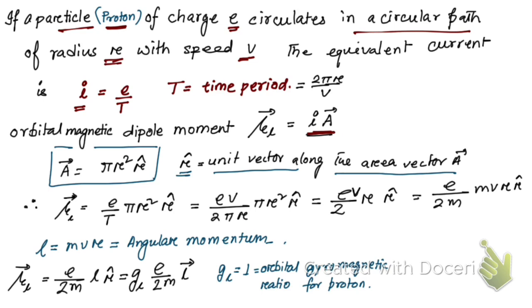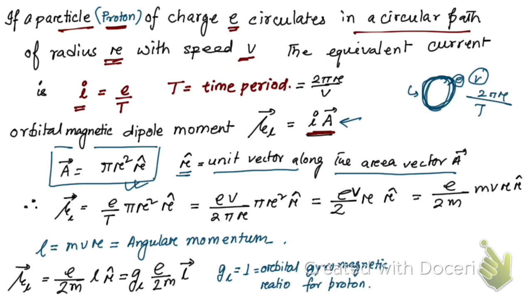Now this is the magnetic moment here. If we use this value of A, then we get this result, and instead of I we use the earlier result. If the charged particle is moving with speed v and takes time T to circulate once, then the length of this circular loop is 2 pi r.